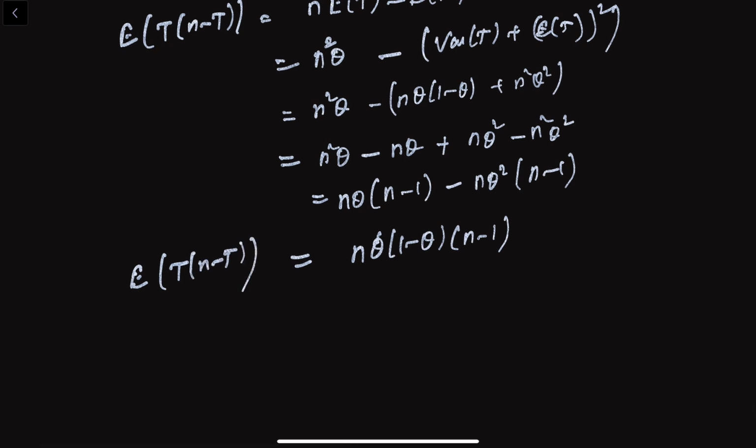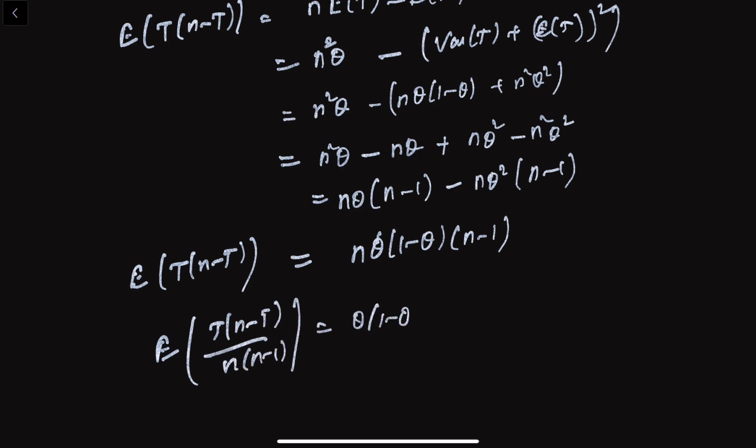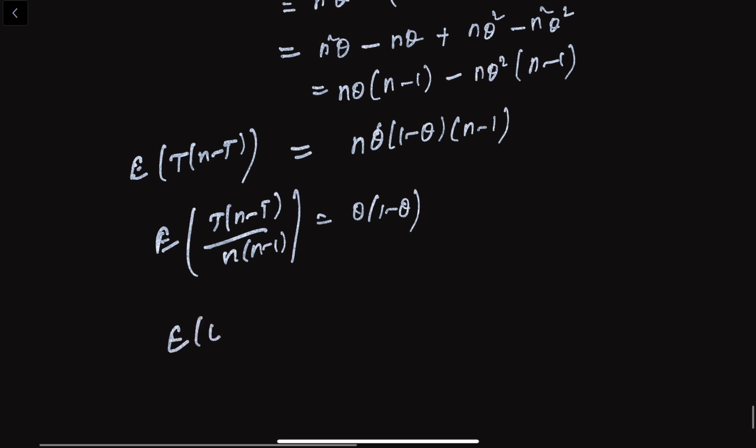So the expectation of T into n minus T by n into n minus 1 is theta into 1 minus theta. That means U is an unbiased estimator of theta into 1 minus theta.